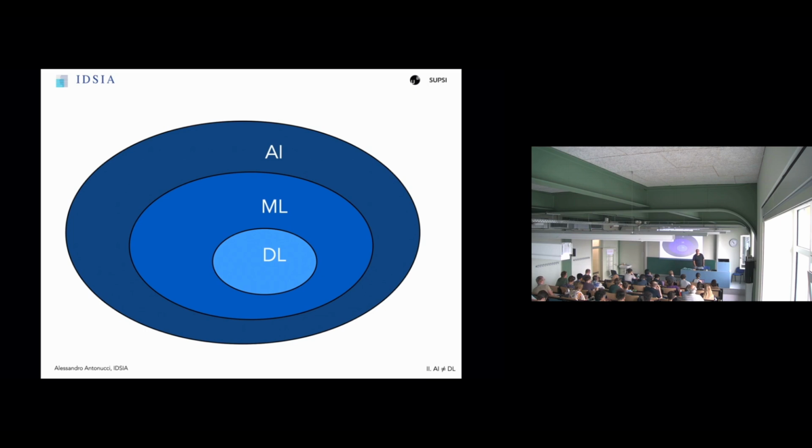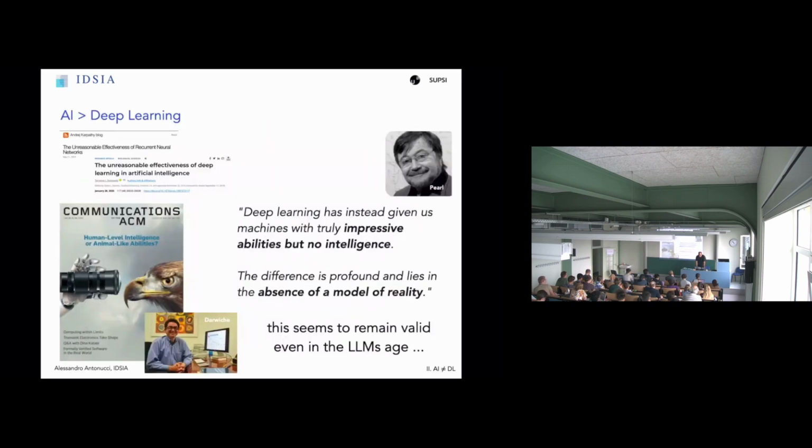Sometimes the term is GOFAI, good old-fashioned AI, which is a bit sad in this sense, but it is typically symbolic AI, which is still relevant also in the deep learning age, while generative AI somehow is inside deep learning, an application of deep learning. At least this is my abstract view.